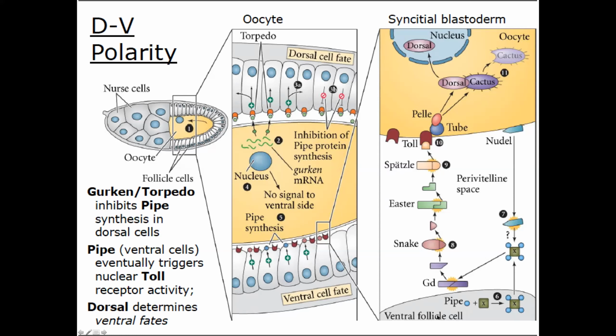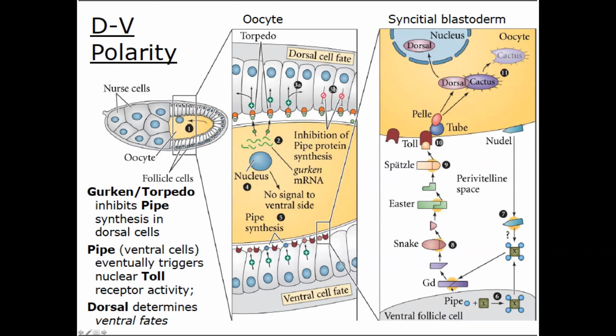So from the follicular cells to the perivitelline space, all of this is in the fluidic space between the embryo and the vitelline membrane. These are secreted events, finally leading to the activation of Spätzle, which is normally present in a pre-form. So pre-Spätzle cannot bind to toll unless it's activated by cleavage.